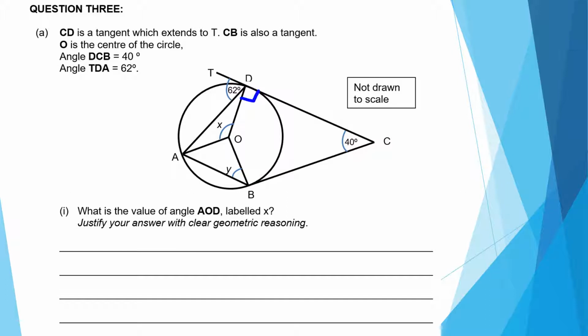Angle CDO, this one here, angle CDO equals 90 degrees, and it's because a radius is perpendicular to a tangent.